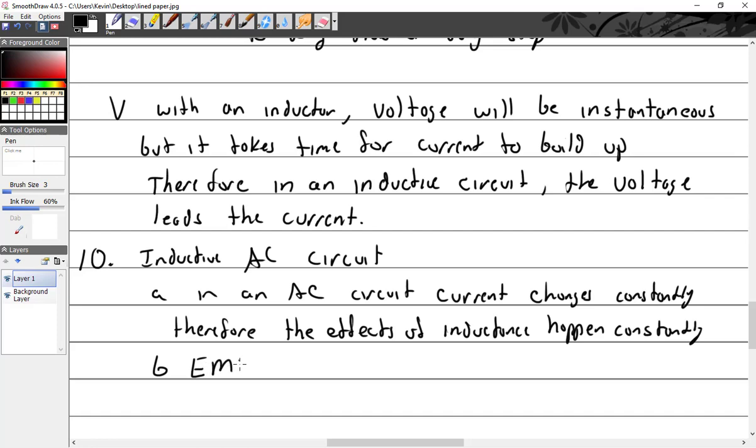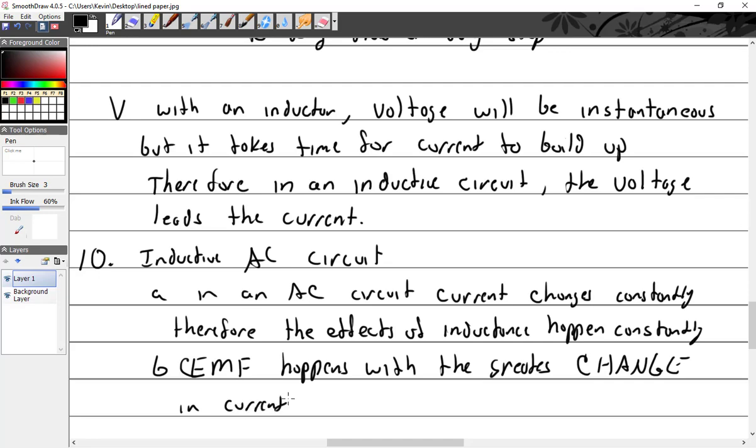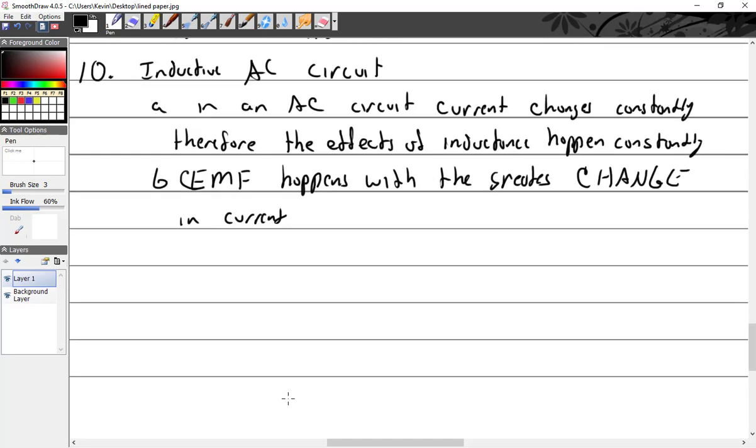Okay, and I mentioned this. EMF, or CEMF, we'll say CEMF, happens with the greatest change in current. Where does my greatest change happen? The first or the last. As I mentioned, there's not a lot of change between here and here.